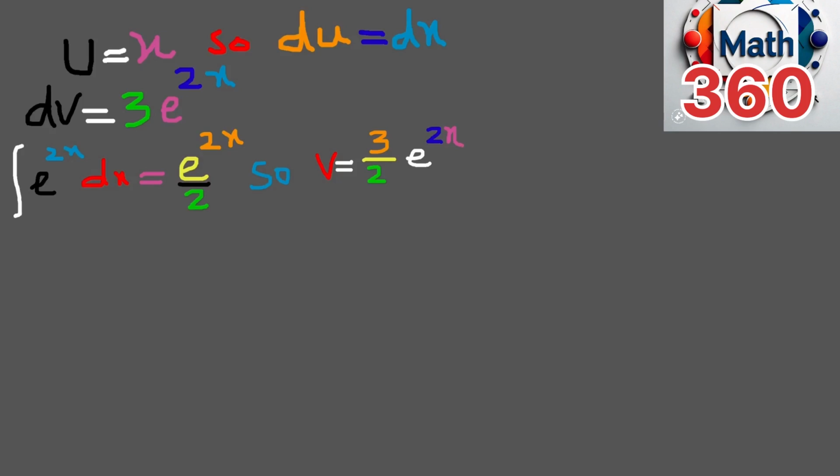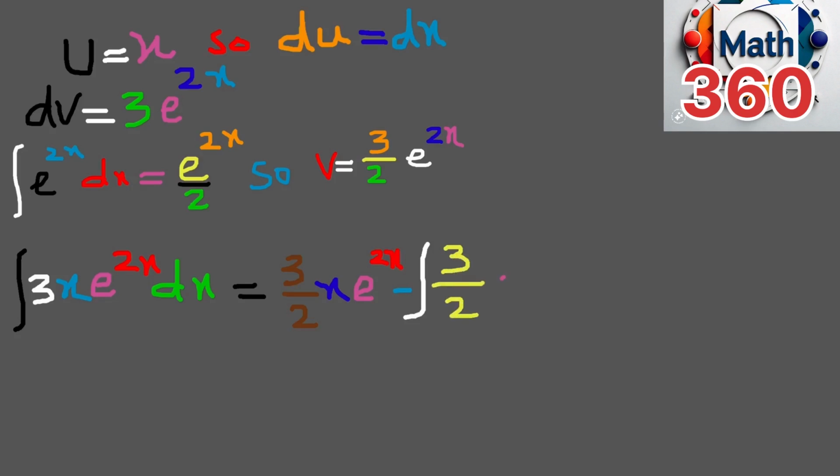Applying the integration by parts formula, we substitute u, du, v, and dv. So the integral of 3 times x e raised to the power 2x with respect to x equals 3/2 times x times e raised to the power 2x minus the integral of 3/2 e raised to the power 2x with respect to x.